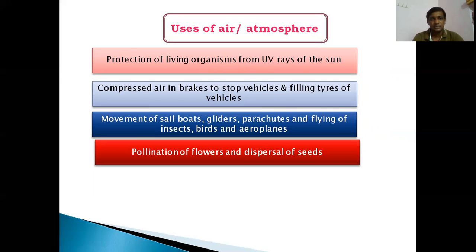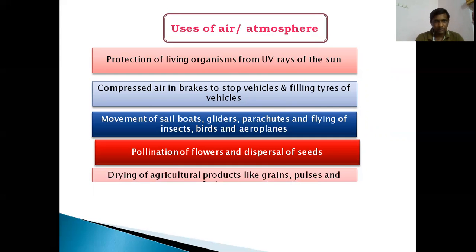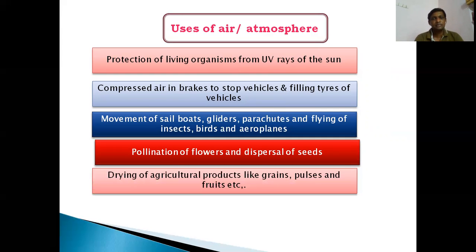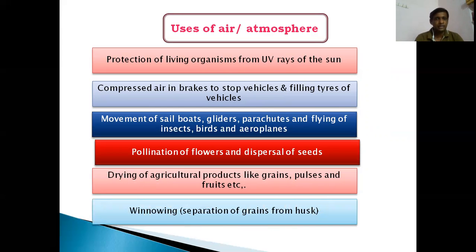Pollination of flowers means, when seeds are falling, due to air they are carried flying. Air is used for drying agricultural products like grains, pulses, and fruits, and also industrial products. Winnowing, the separation of husk and grains from the plants, uses air.